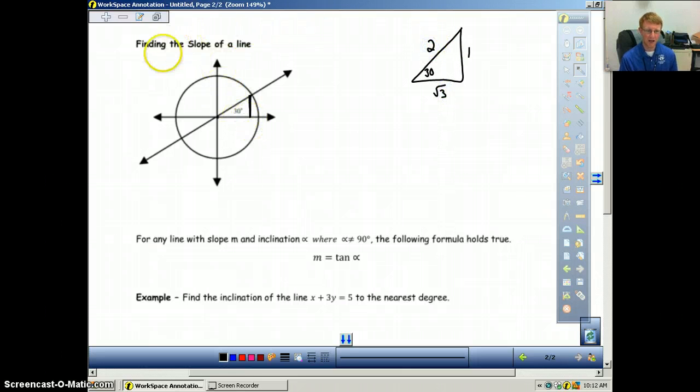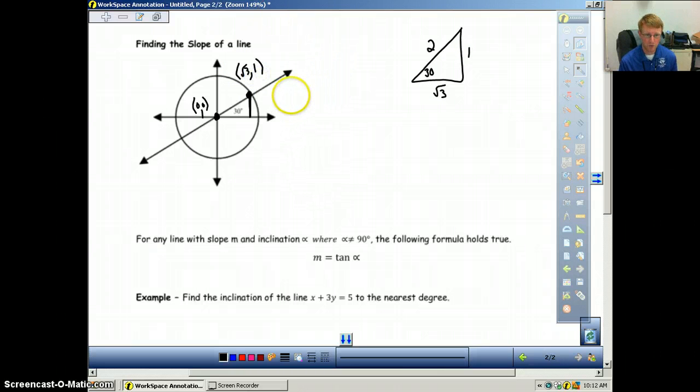So the thing is if I wanted to find the slope of this line right here, what I could do is I could say I know that this point right here is (0, 0). And I know this point over here, based on the two values that we have here, is an x value of square root of 3 and a y value of 1.